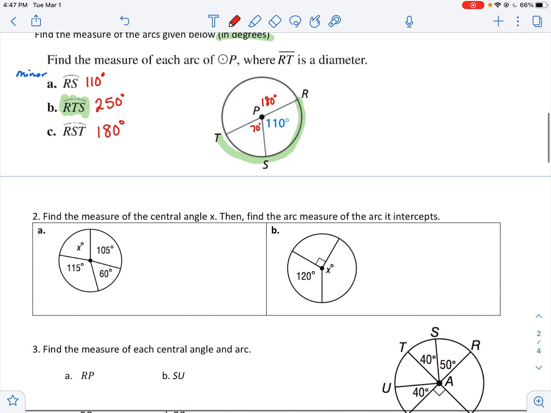So let's zoom out a little bit here. I'd like you to find the measure of each central angle x, and then the measure of the arc that it intercepts is really going to be the same measure. So all we're doing here is just finding x. So I would ask you to pause the video, do the work, unpause, and check your work. And on number 2A, that should be 80. On 2B, that should be 150.